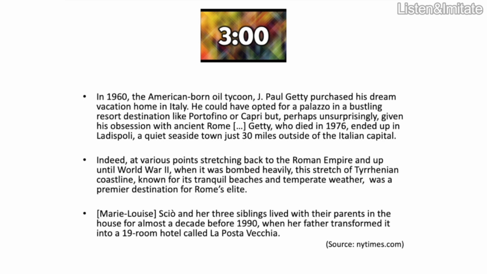Marie-Louise Sio and her 3 siblings lived with their parents in the house for almost a decade before 1990, when her father transformed it into a 19-room hotel called La Posta Vecchia.